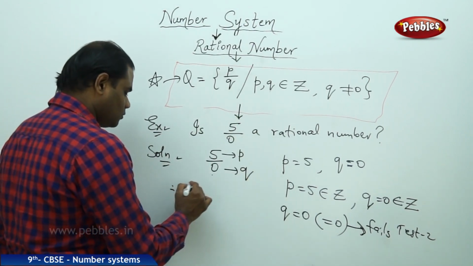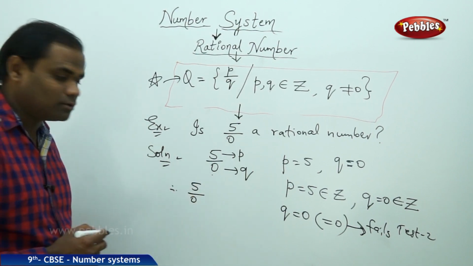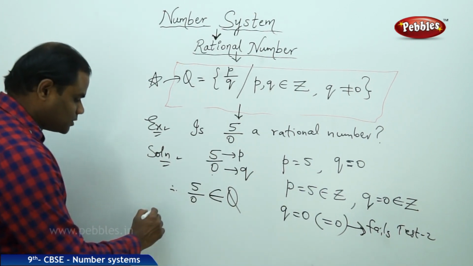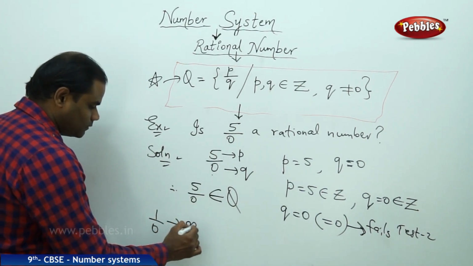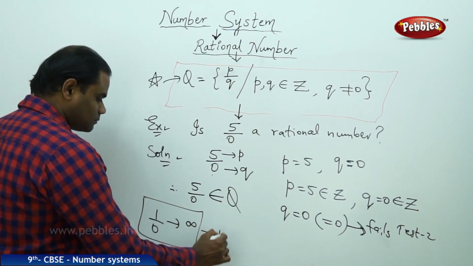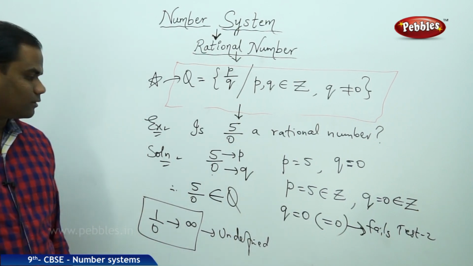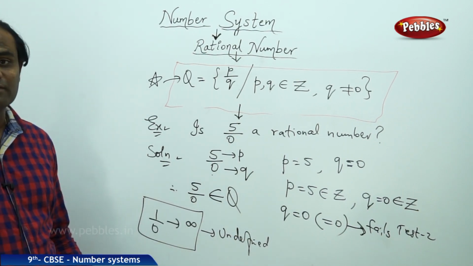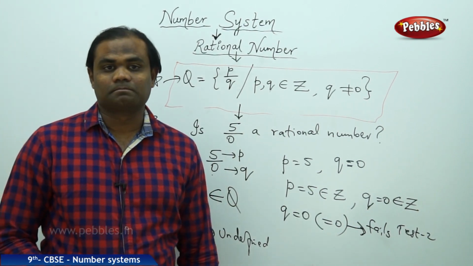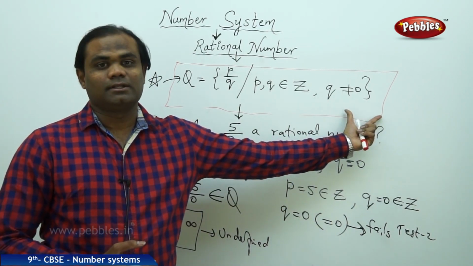Therefore 5/0, or any number with the denominator being 0, cannot be a rational number, because 1/0 is undefined, which tends to infinity. That's how we understand the property. And therefore 5/0 is undefined, and it is not a rational number, decided through test number 1 and test number 2.